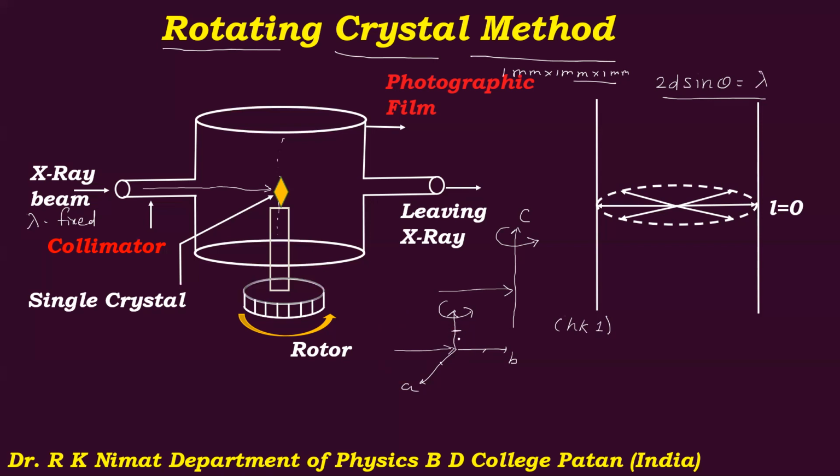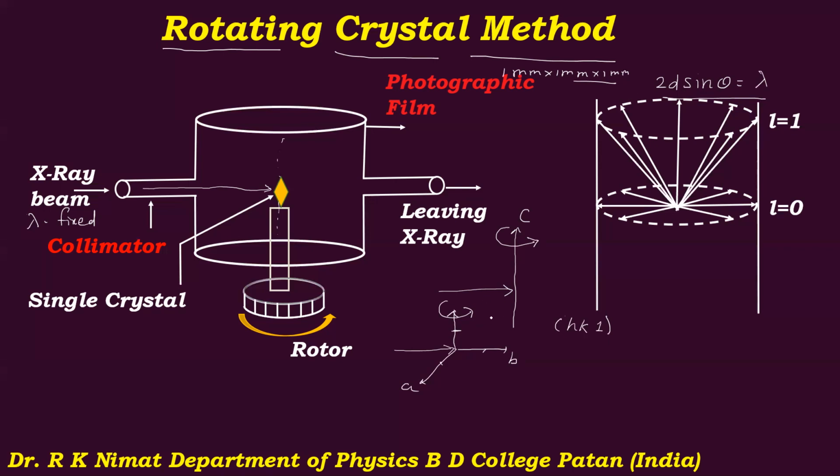So if you consider such a plane, and it is kept continuously rotating, it will produce a diffraction pattern which will be somewhat like this. Because it is kept continuously rotating, it will show the reflected beam of X-rays in this way, and it will produce a layer line somewhat like this.